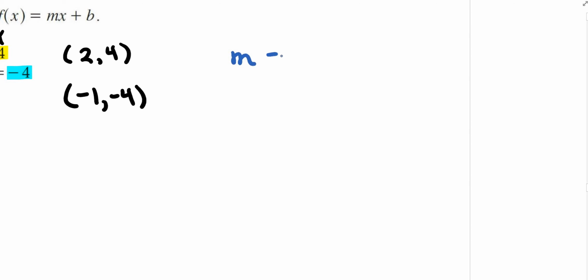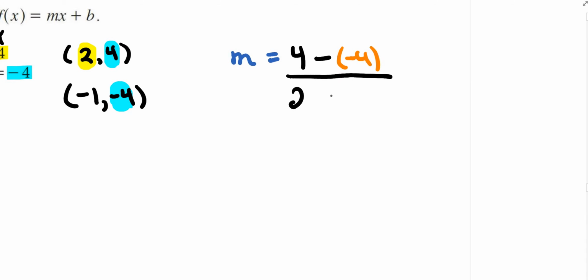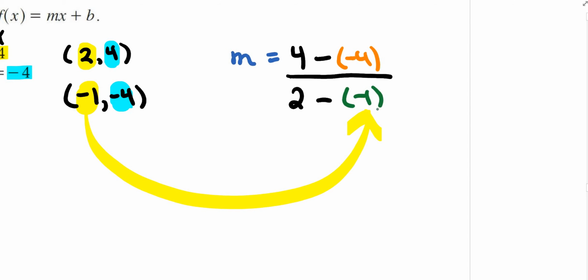So your slope is going to be your second y value, which is going to be 4 in this case, minus the first y value, which is negative 4, all divided by your second x value, in this case it's going to be 2, minus your first x value, and that's going to be negative 1.